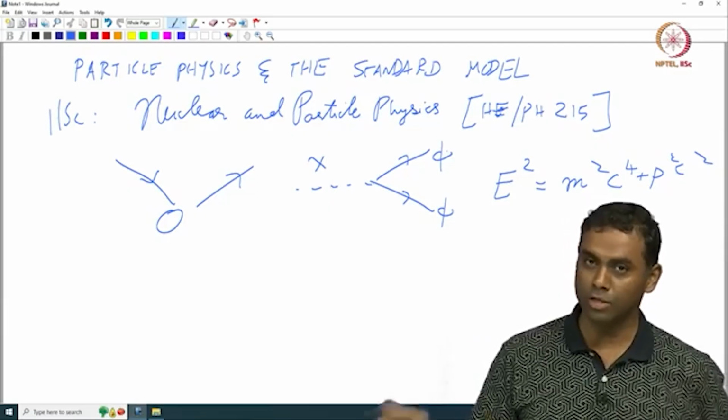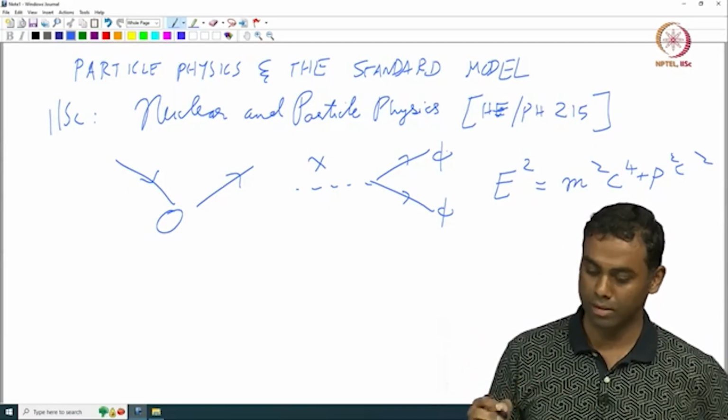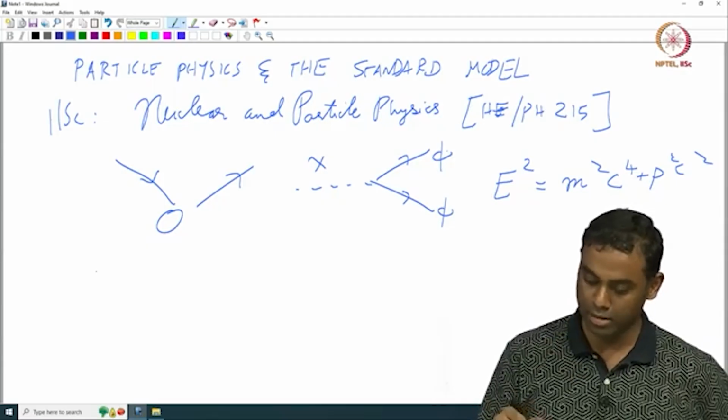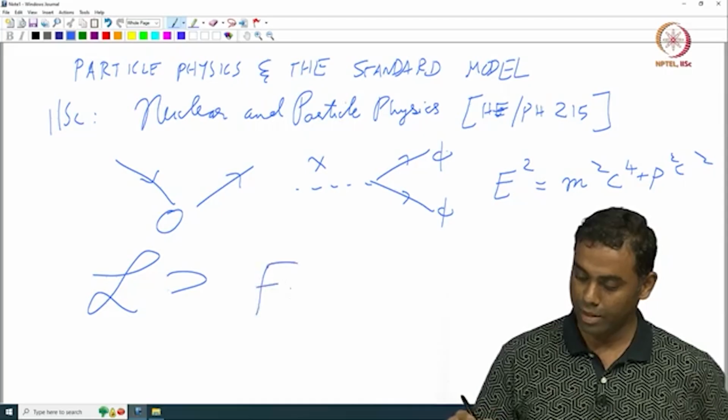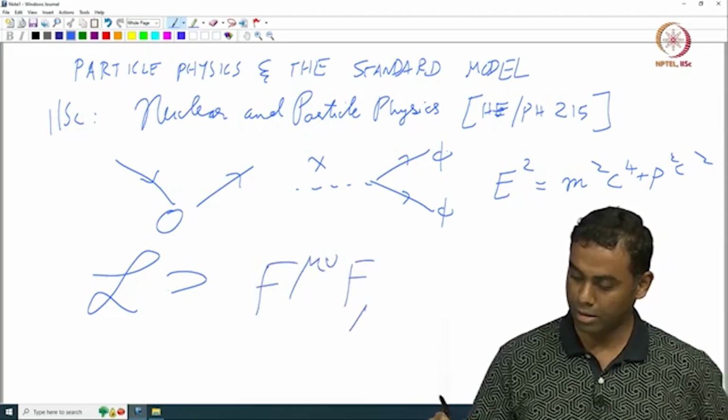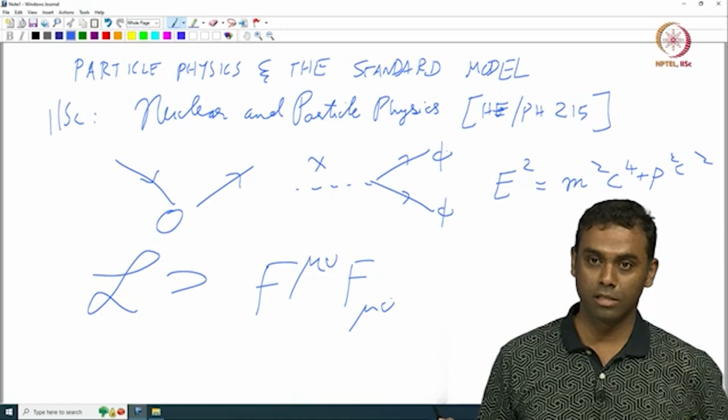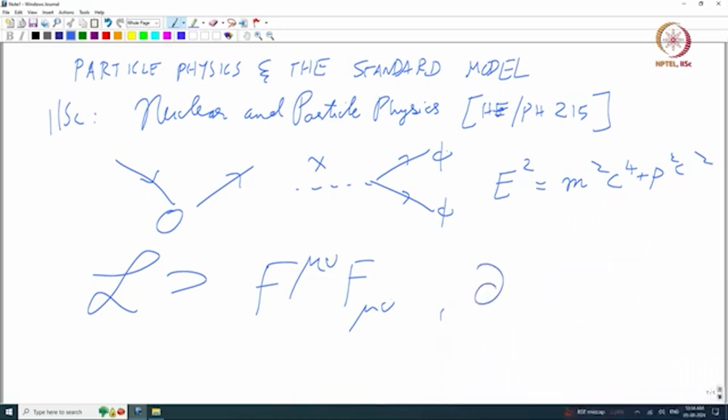But this course is going to look more like the following, all right. I am going to write down things like the Lagrangian with stuff like the field strength tensor, all right, and then things like this, okay, and we are going to deal with symmetry. So, we are going to look at symmetry groups like this and so on, okay.